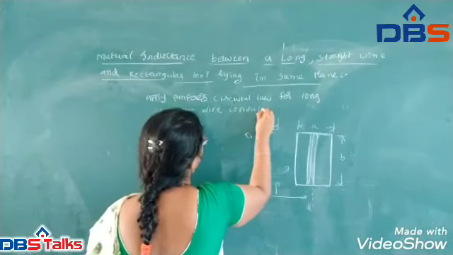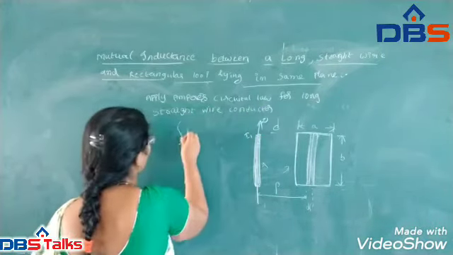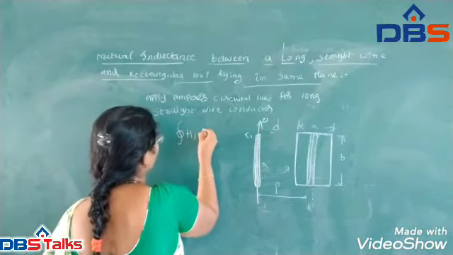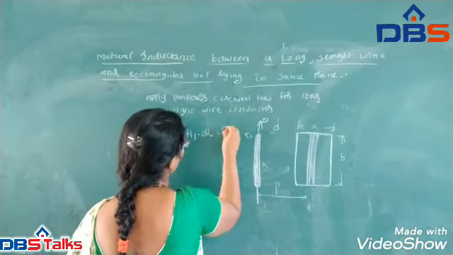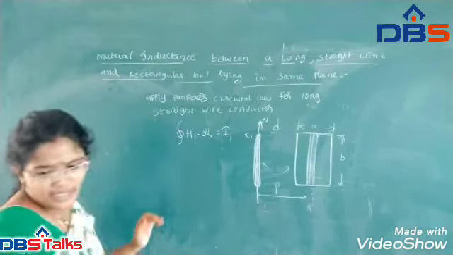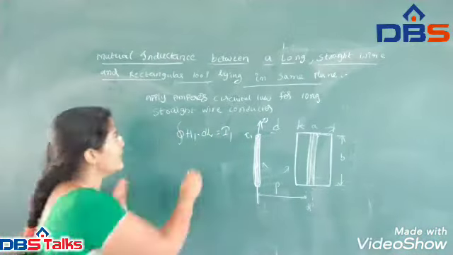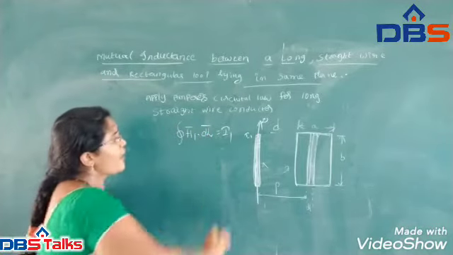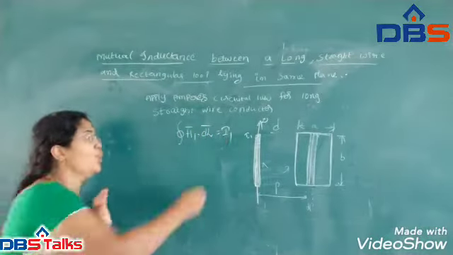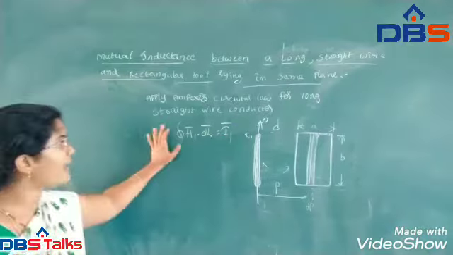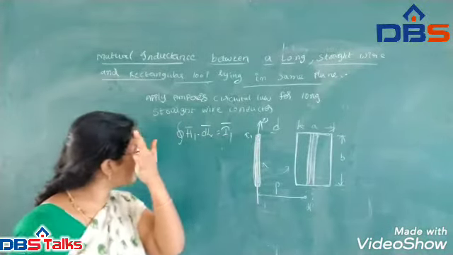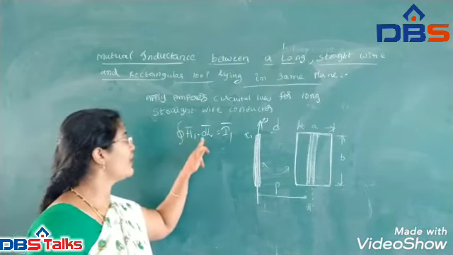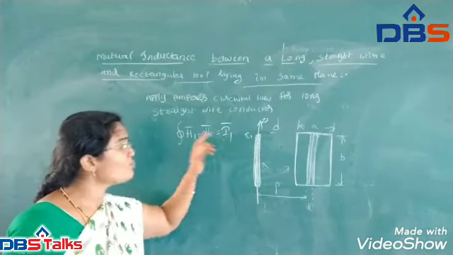You can write the integral of H1 dot dl equal to I1. Here you can write the integral of H1 bar dot dl bar equal to I1. Applying it to the long straight wire conductor, the integral of H1 dot dl bar is equal to I1.